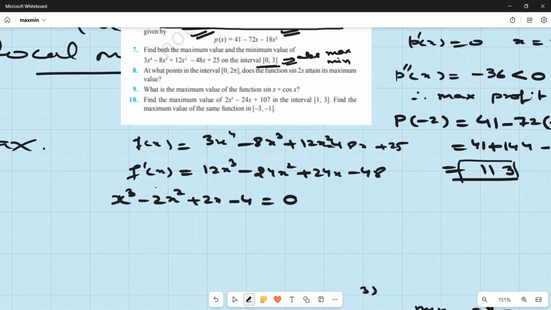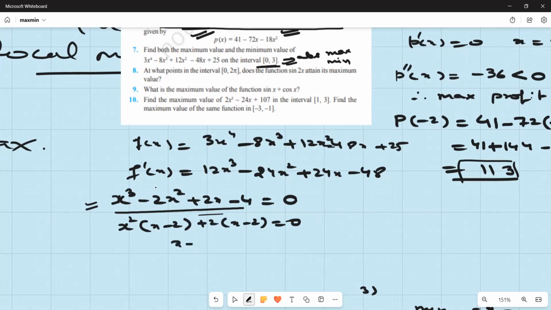So how can I factorize this? One way is the hit and trial method, put x equal to 1, 2, 3. The other way: I am getting x square common from the first two terms and 2 common from the last two, so x minus 2 times x square plus 2.